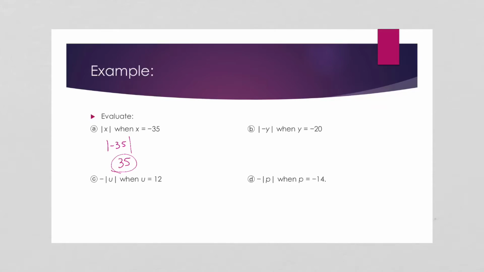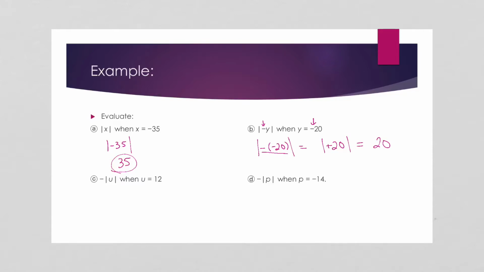Now, on part B, notice how you have a negative sign in here, but you also have a negative number. This would look like this. So you would do negative times a negative, and you would get the absolute value of positive 20. And the absolute value of positive 20 is 20.